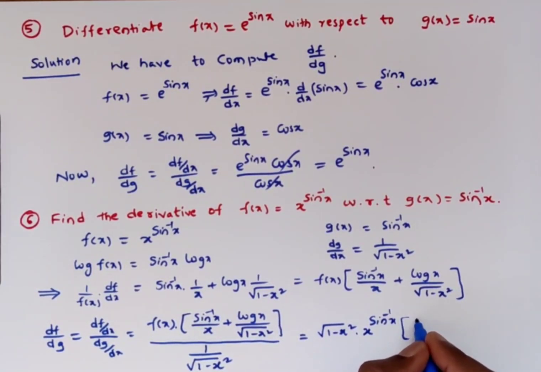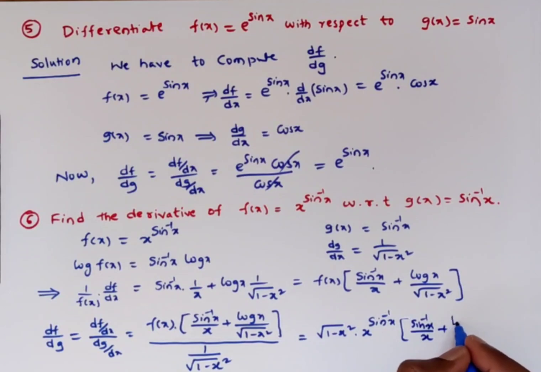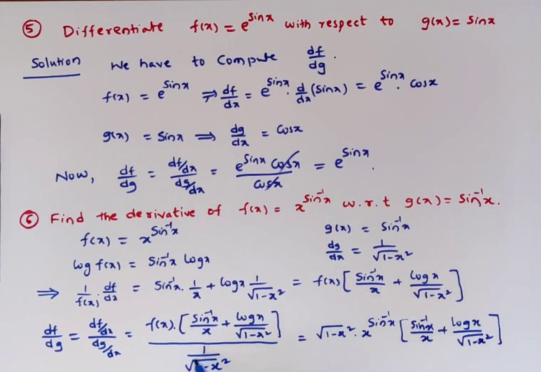That means sin inverse of x by x plus log x by root of 1 minus x square. Okay, so I brought this 1 by root of 1 minus x square to the numerator. This is like a by b all divided by c by d, so it is the a d by c form, right?